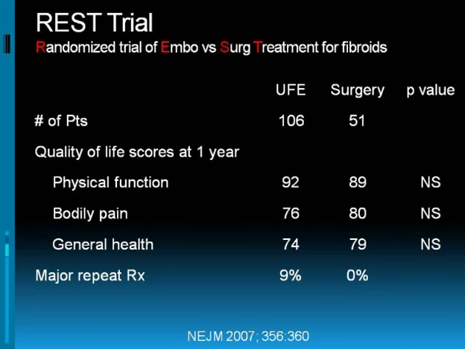Now, the one difference was that the UFE group did have a higher incidence of repeat interventions, and that's because, as I mentioned, not all the women have shrinkage in their fibroids that is sufficient to relieve their symptoms.